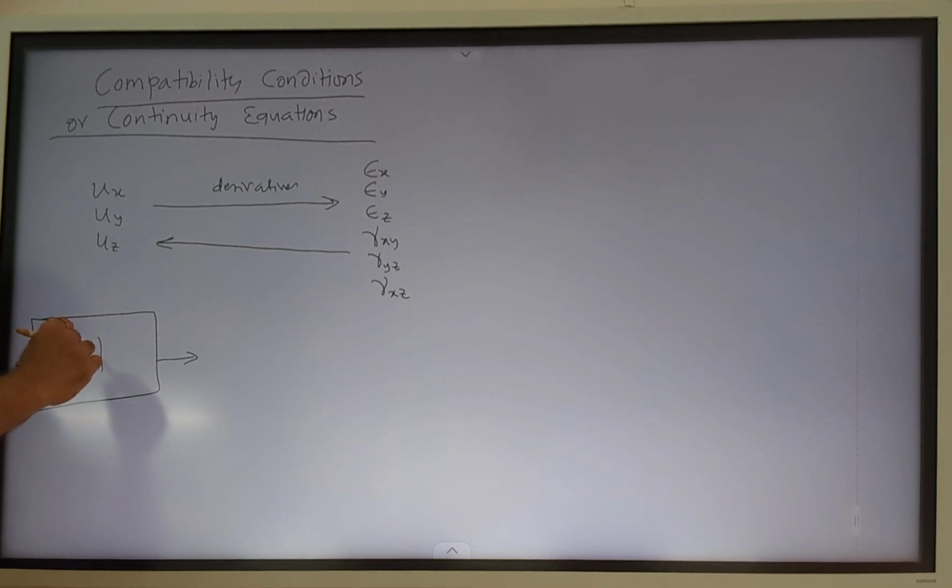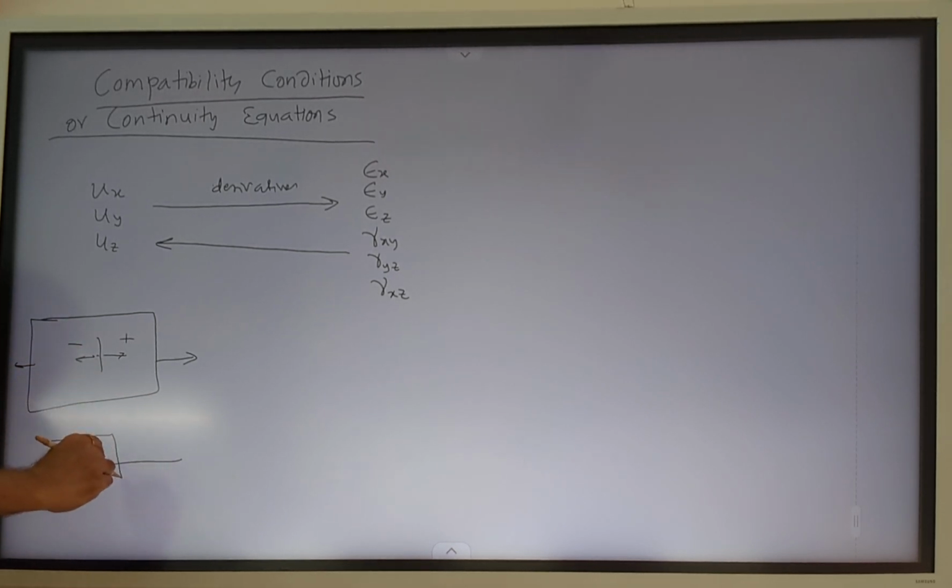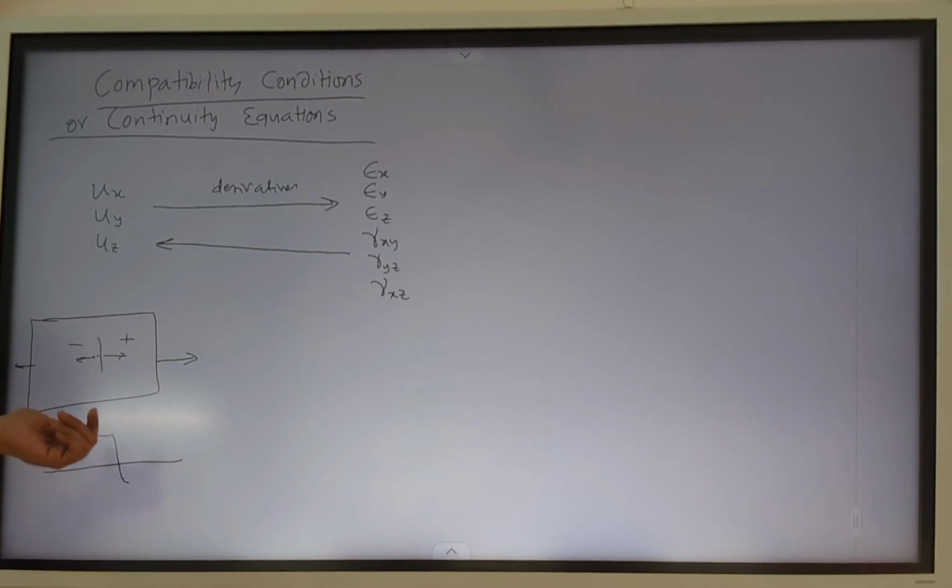After you apply the load, the point which is at the same coordinate but on the left hand side will move on this side, whereas on the right hand side it will move in the other direction. So one side it is plus displacement, another side it is negative displacement. So if you plot the displacement field for this particular plate, you will find that at this point there is a jump in displacement, and this kind of problem cannot be handled by the continuum mechanics that we have learned.